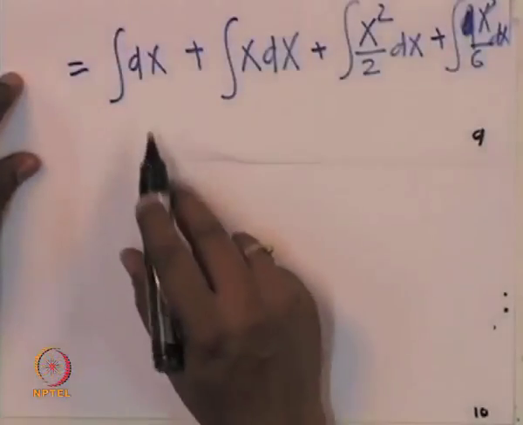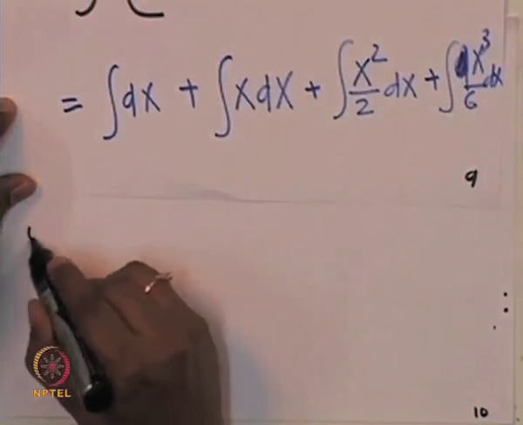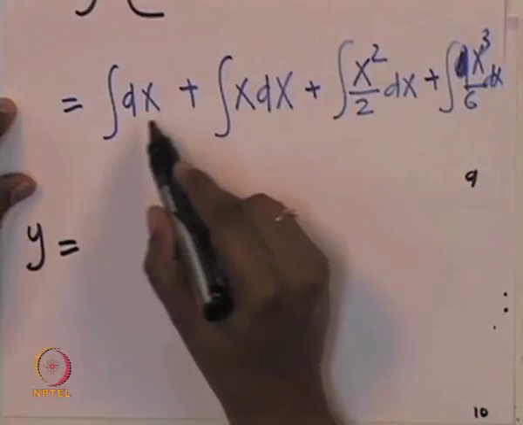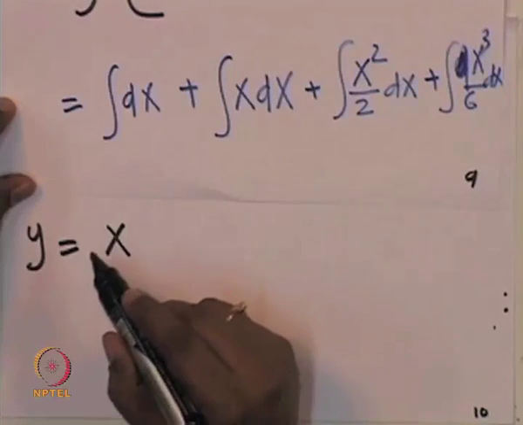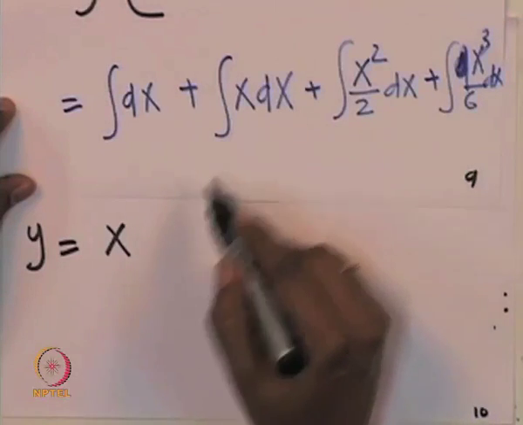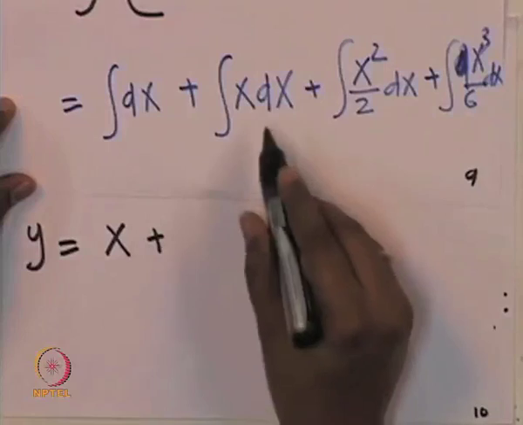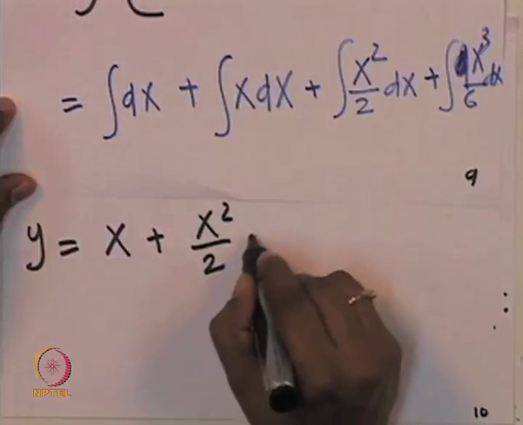So, let us look at this. Basically you want y is equal to the integral of dx, which is basically x, so the integral of x dx. The integral of x dx is x square by 2.